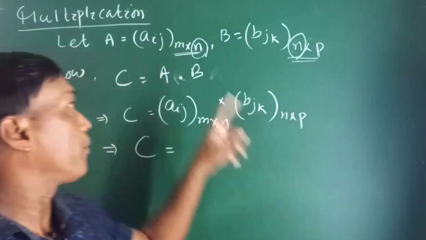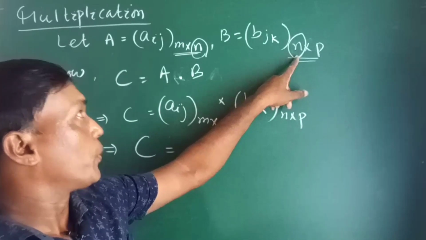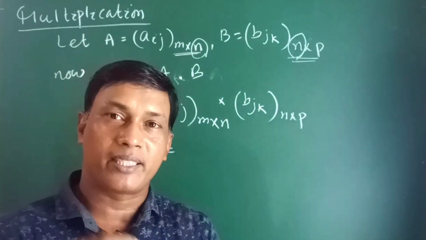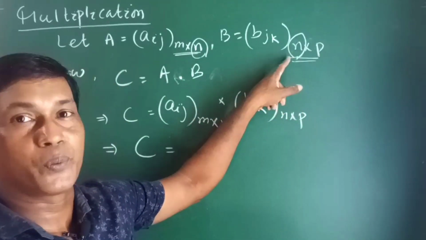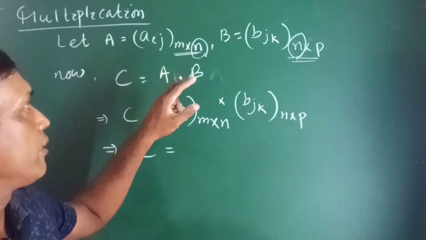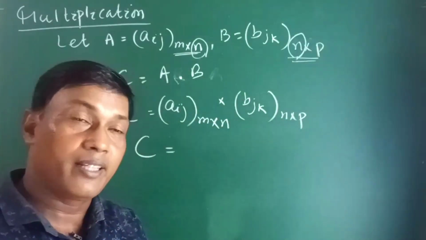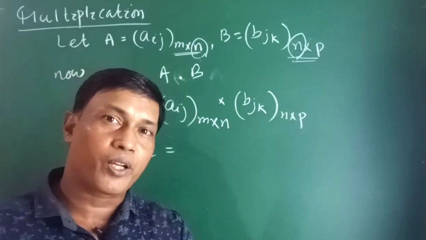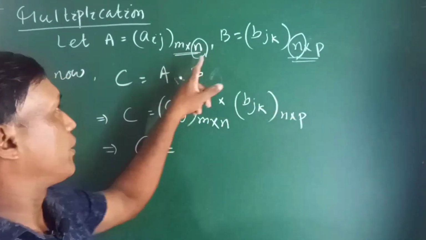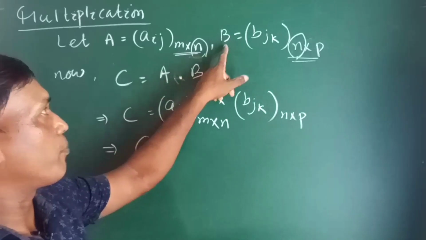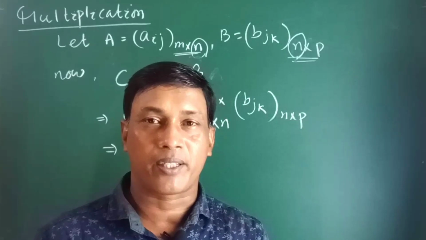First matrix का number of columns should be equal to number of rows of second matrix. फर्स्ट मैट्रिक्स में जितना कलम्स रहेंगे सेकेंड मैट्रिक्स में उतना ही रोज रहेंगे. मीन्स नंबर ऑफ कलम्स ऑफ फर्स्ट मैट्रिक्स मस्ट बी इक्वल टू नंबर ऑफ रोज. Here the number of columns is n and here the number of rows is n. Then matrix product is possible, otherwise the product is not possible.